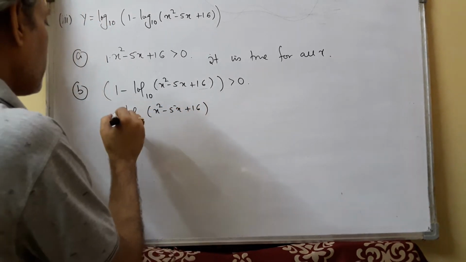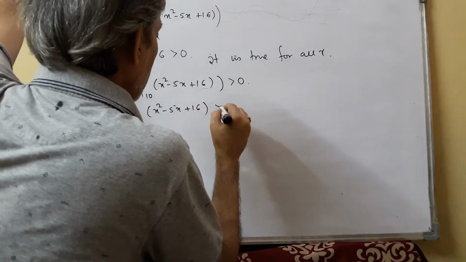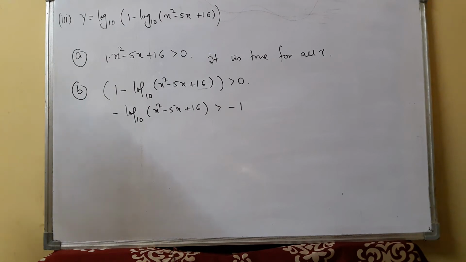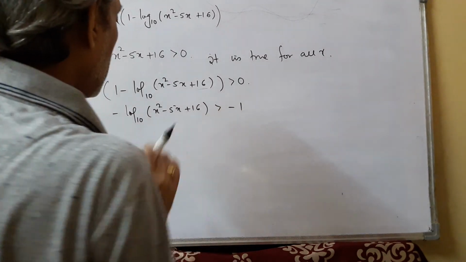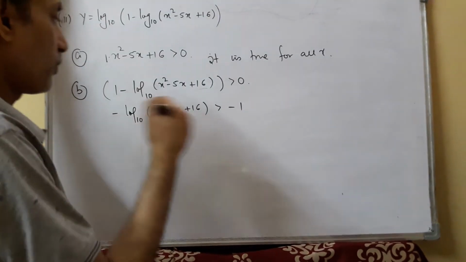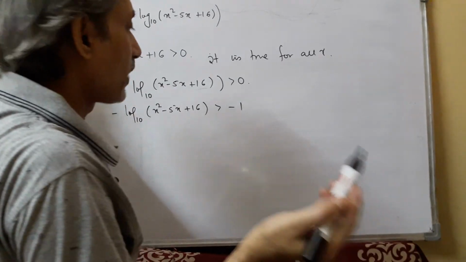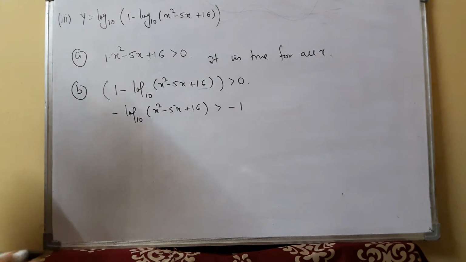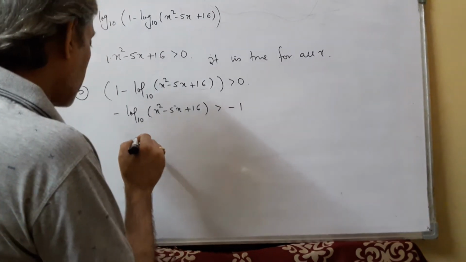Now this thing will be more than minus 1. If we want to remove the minus sign, we will have to multiply both sides by minus 1, and while doing so the sign of inequality will get reversed.